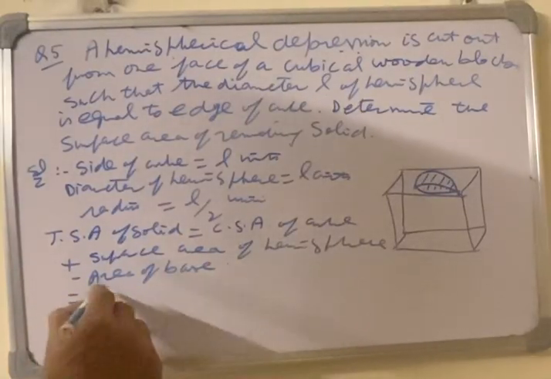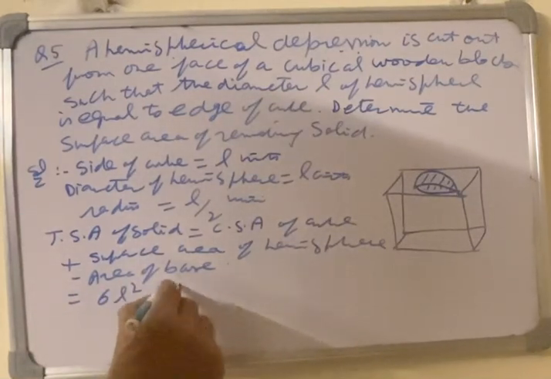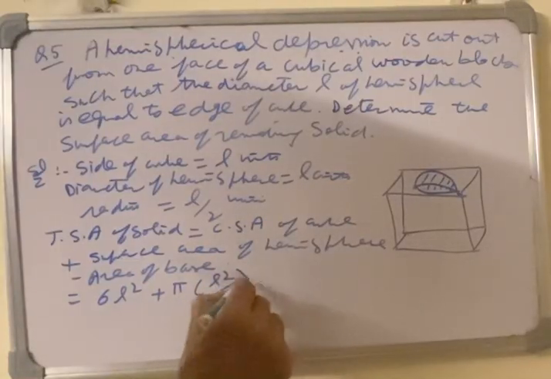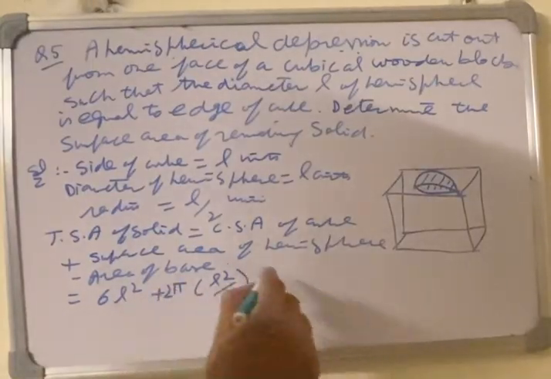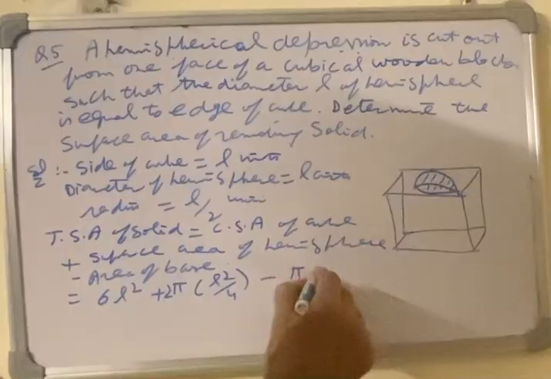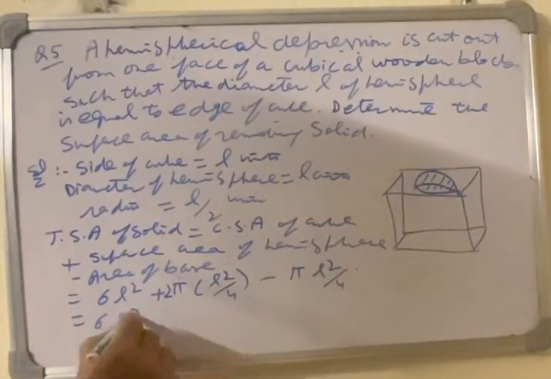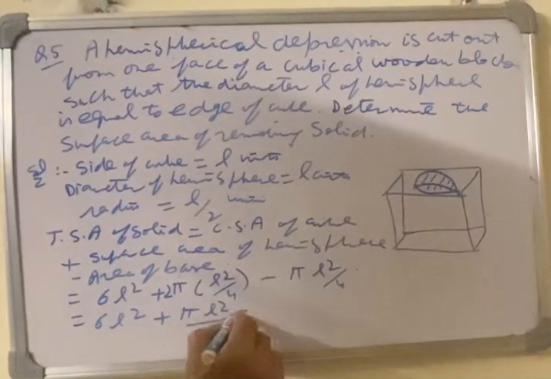This is 6L square plus 2 pi L square by 4 minus pi L square by 4. So this is 6L square plus pi L square by 4.